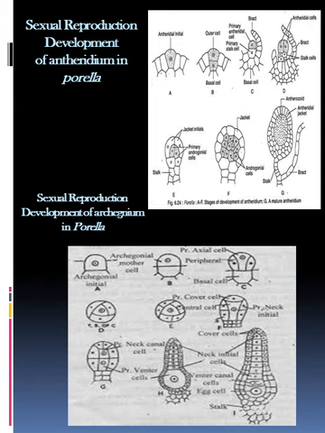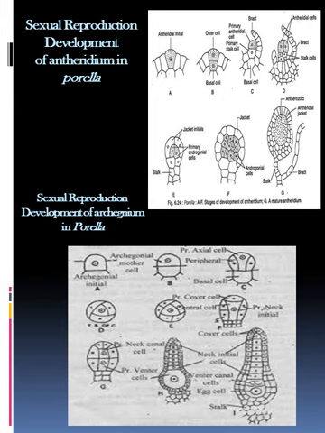This other diagram shows sexual reproduction: development of the antheridium in Porella and development of the archegonium in Porella. You can see here the antheridium is globose in shape, while the archegonium is a flower-shaped structure having a stalk, venter, and neck.